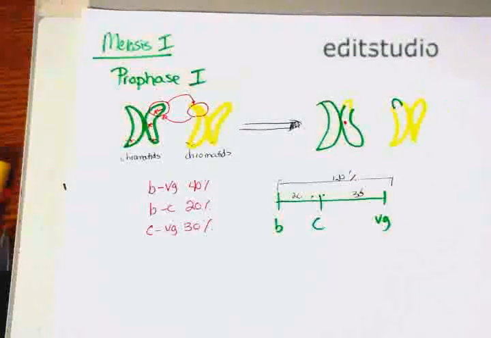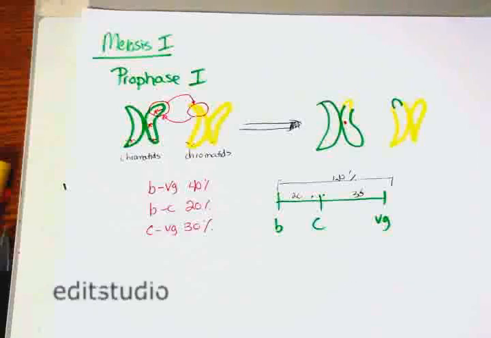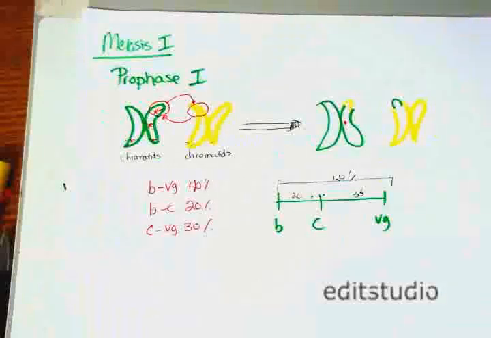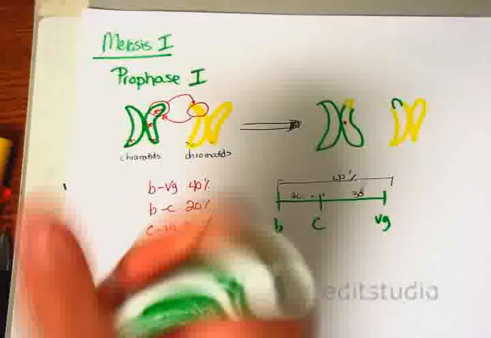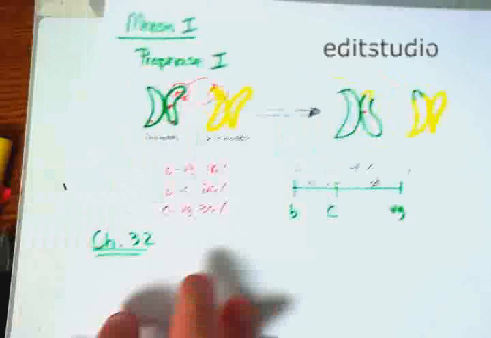We're going to go over animal tissue. We good? So chapter 31, right? Oh, 32, my bad. I keep saying 31. I meant to say 32. Now, seriously, this is a great chapter to read.